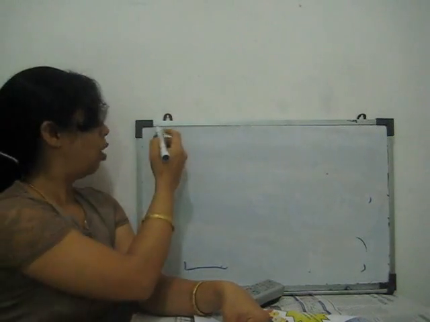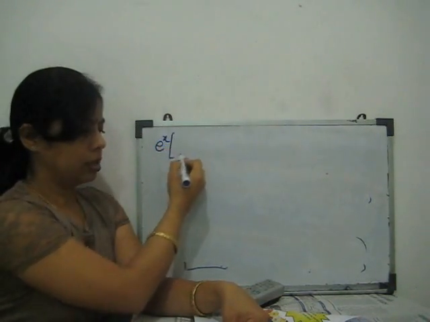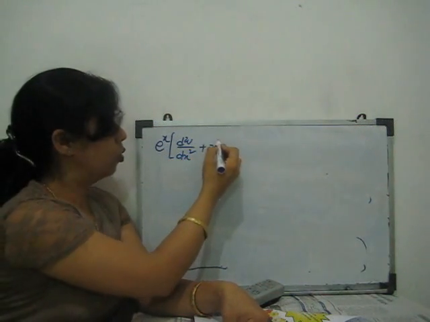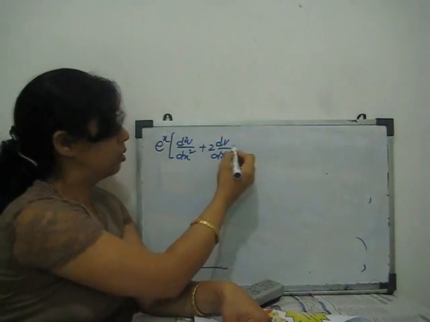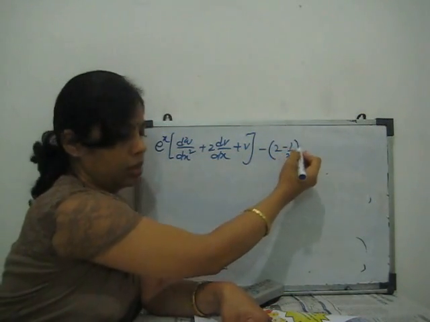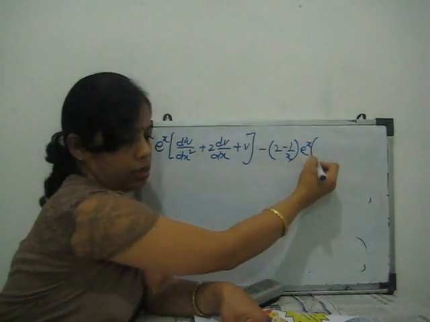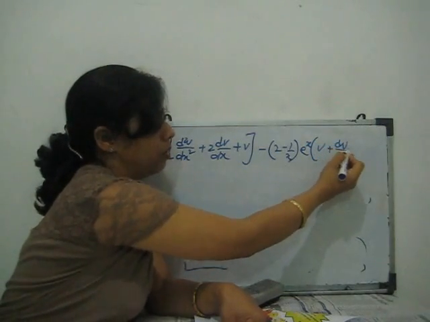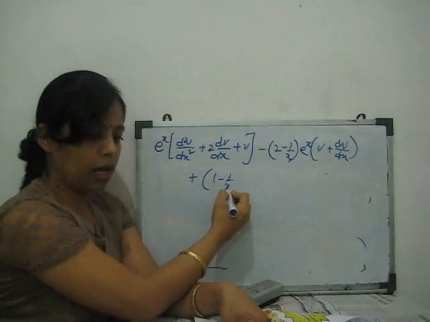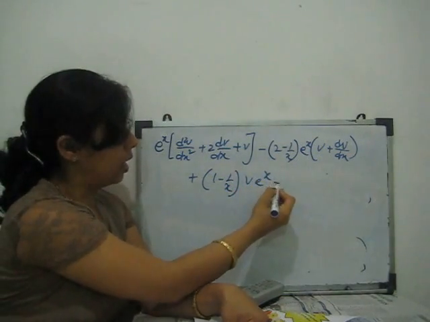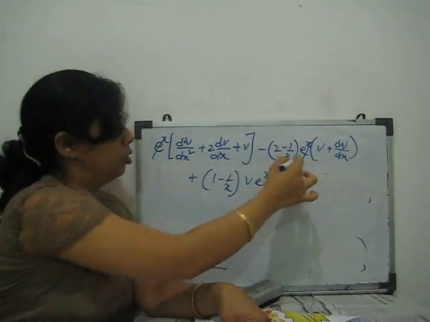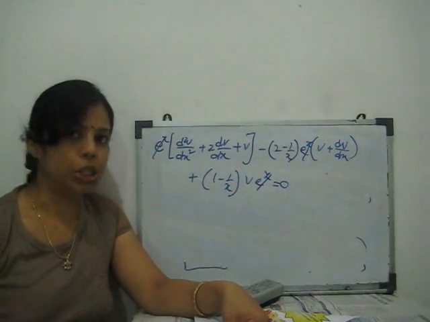So e to the power x times d2v by dx square plus 2 dv by dx plus v, minus 2 minus 1 by x e to the power x times v plus dv by dx, plus 1 minus 1 by x v e to the power x is equal to 0. e to the power x is nonzero.